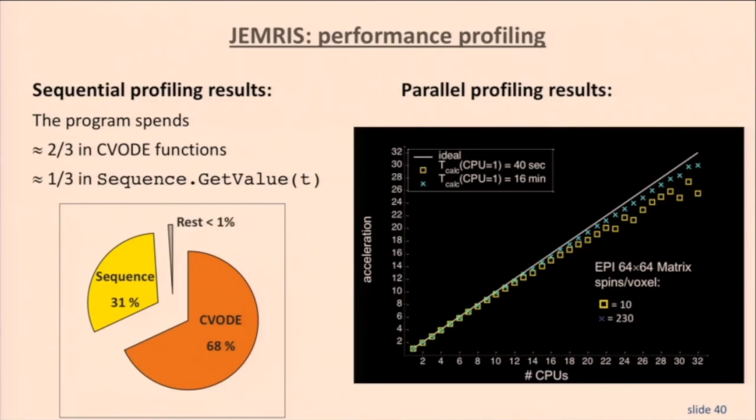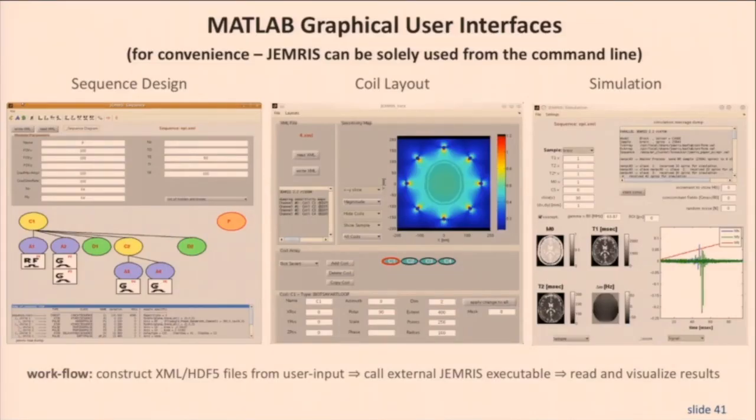These are the graphical user interfaces for sequence design. You can also lay out your own RF coils for multi-channel acquisition, and then finally there is one graphical user interface for the simulation.